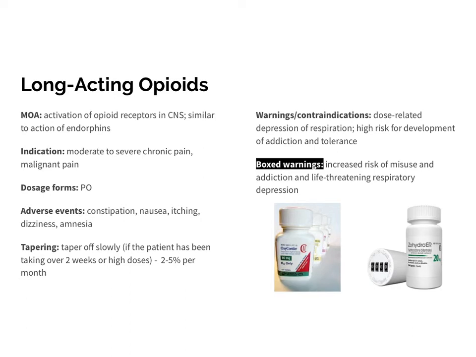There is a boxed warning related to long-acting opioids that there's an increased risk of misuse and addiction and life-threatening respiratory depression when using long-acting opioids. In the past, especially when OxyContin came out, patients that were prone to abuse of OxyContin found that the tablets were easily crushable.